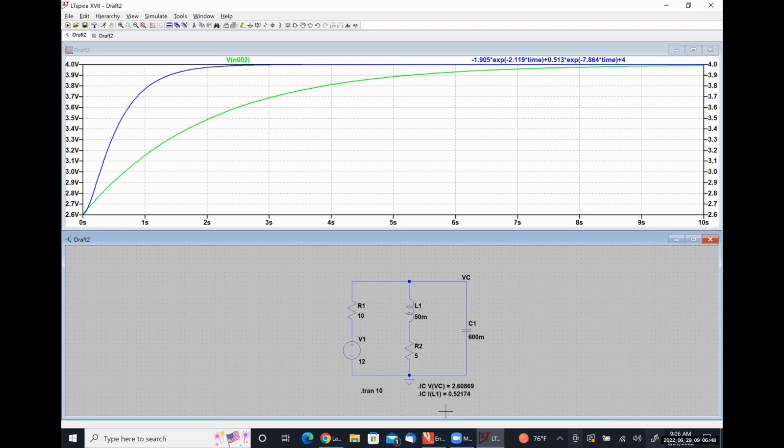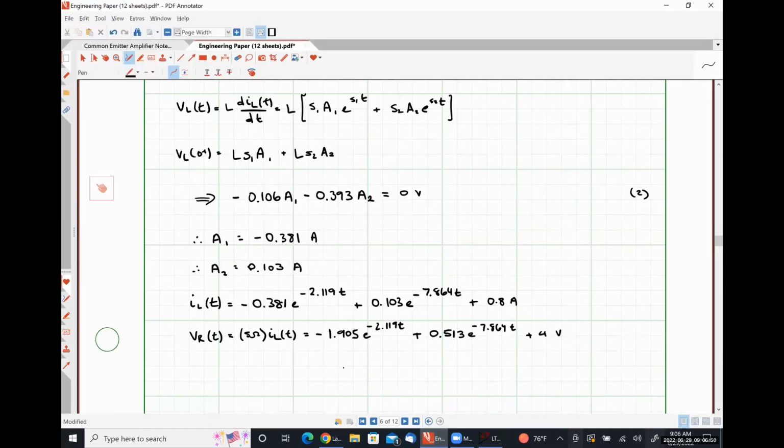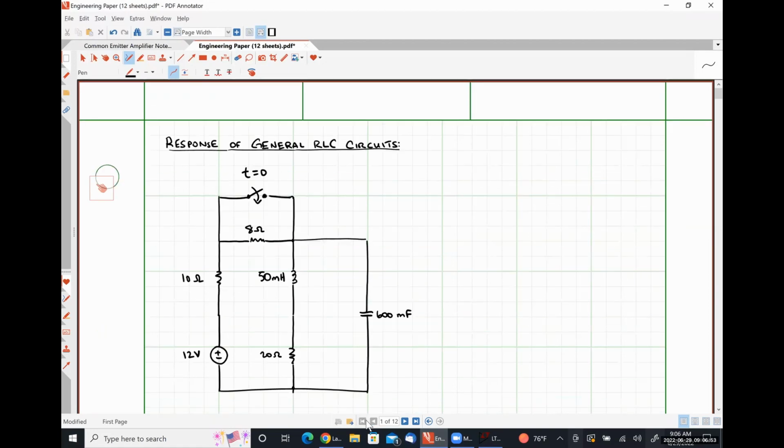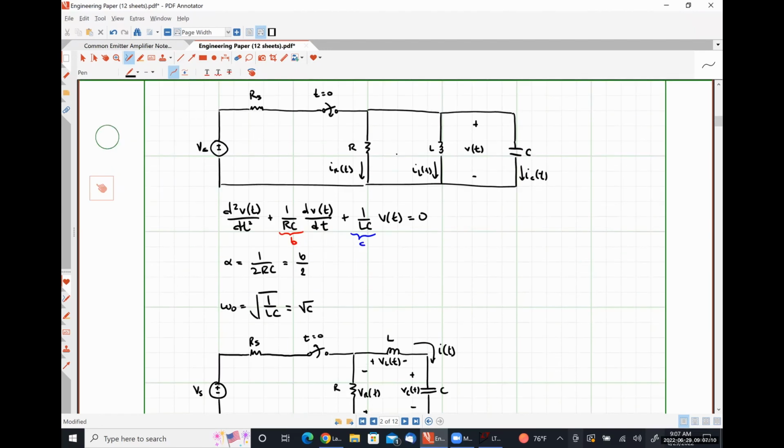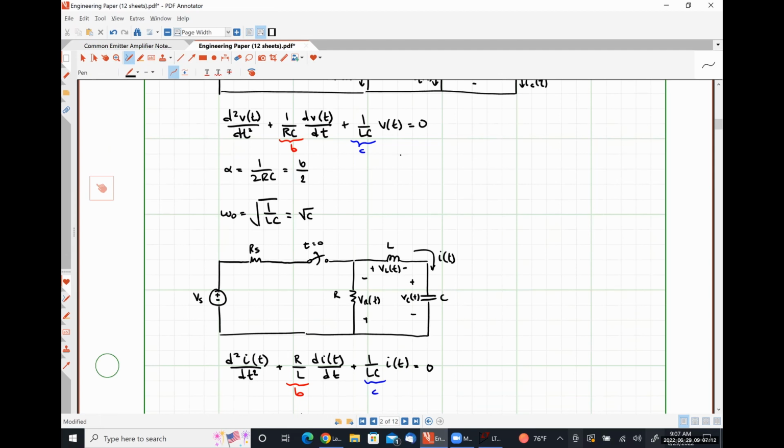So just to recap what we wound up having to do today, we developed a relationship for the response of general RLC circuits by looking at what we had done for parallel RLC circuits and series RLC circuits to figure out what the relationship between our differential equation and our coefficients alpha and omega naught were.